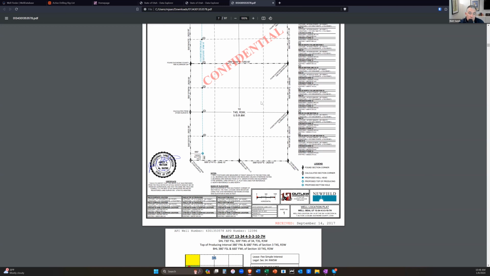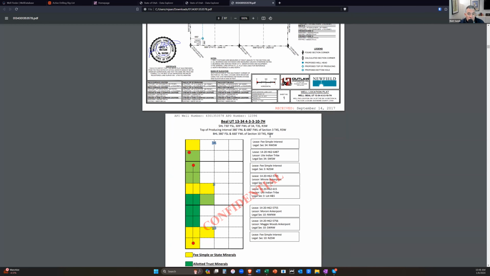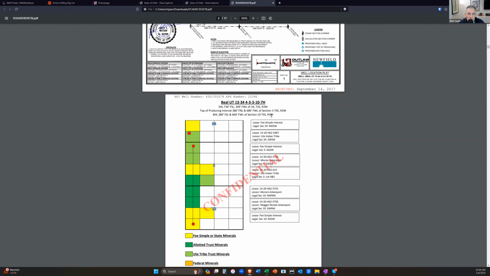That's one way we can confirm that our minerals are indeed part of what that well is going to be producing from. And therefore, we should have a royalty interest in this well. And this is just another example of that. And so, where we have some fee minerals in section 3, let's say we had minerals down here, it would have names of the leases.